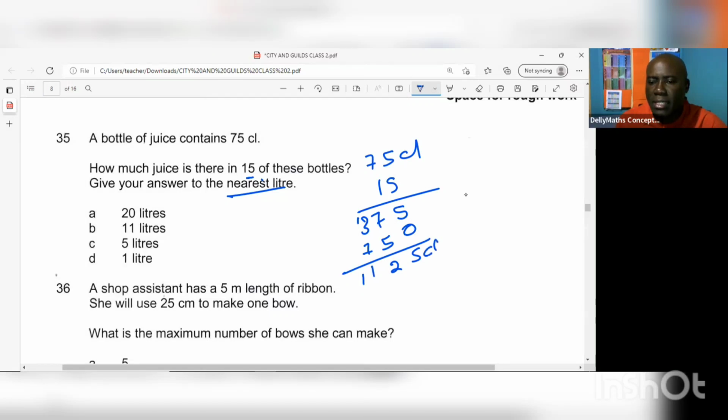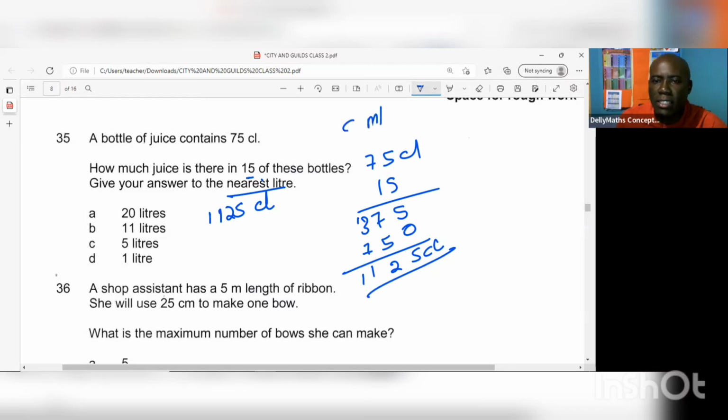So this is the amount of centiliters. We're dealing with 1,125 centiliters, but we want it in liters. Where are we? Sorry about that.